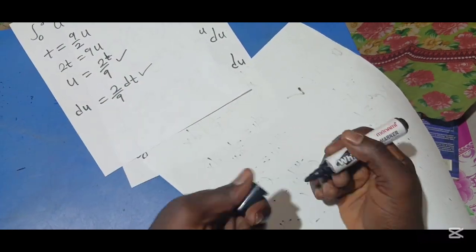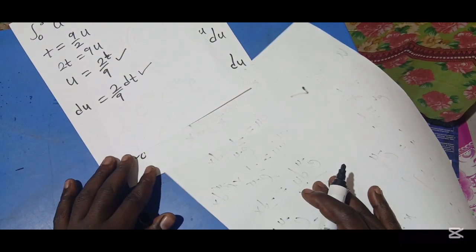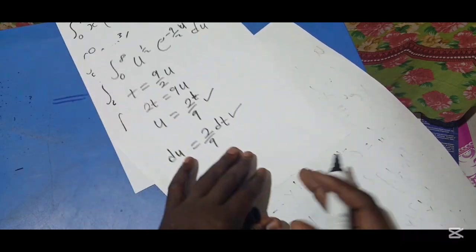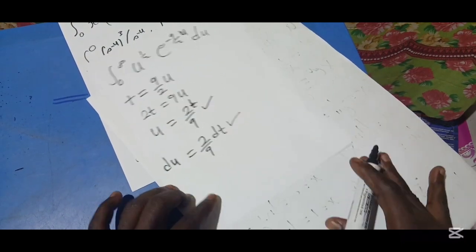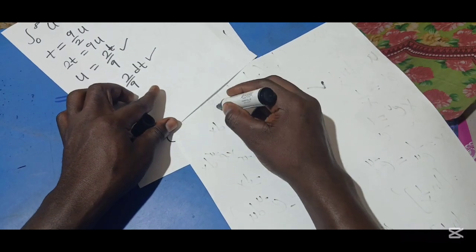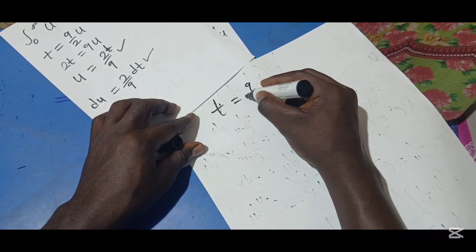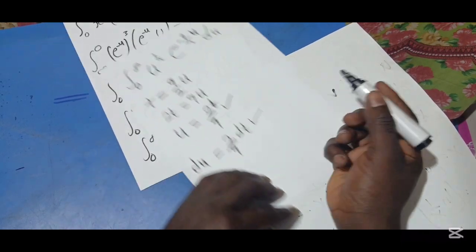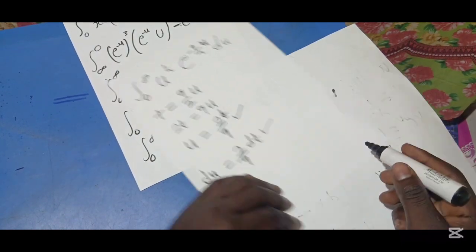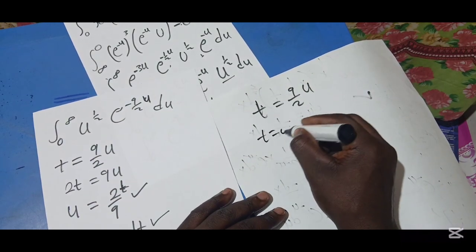Now that I know the value for du, what else do I need? I have to test my limits and see whether everything is okay. I said my t equals 9 on 2u, right? So when u equals 0, what happens?